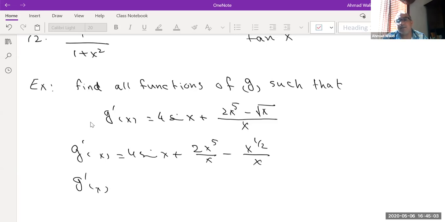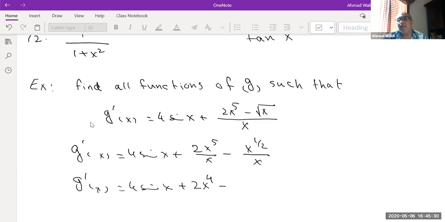Then g prime x equals 4 sine x plus, what's the answer for this term, 2x to the power of 5 over x? 2x to the power of 4, right? Minus, what is your answer here? x to the 1/2 over x.